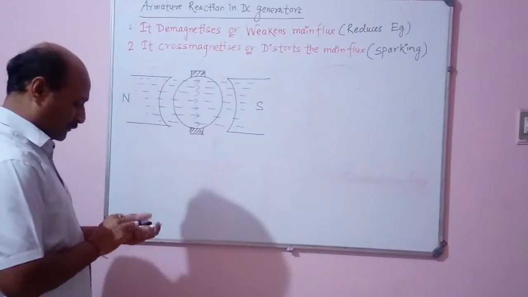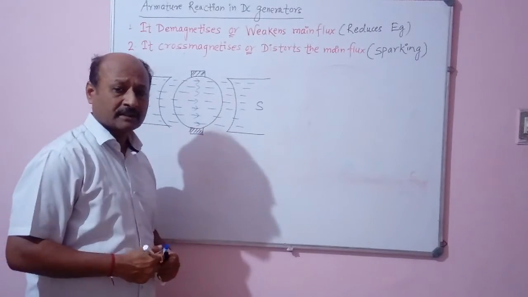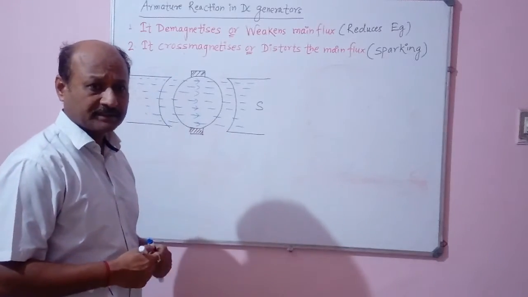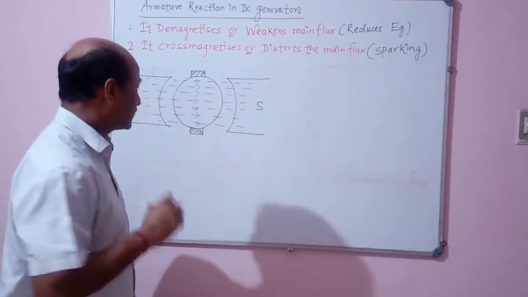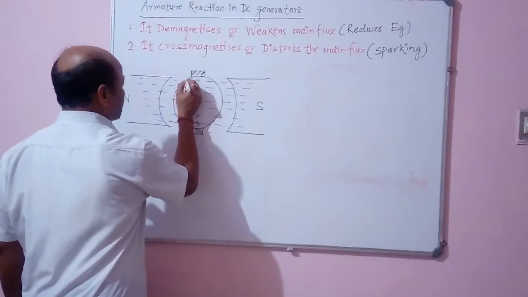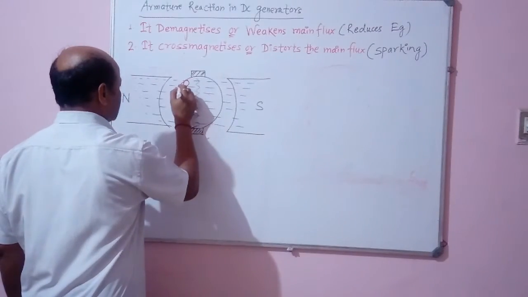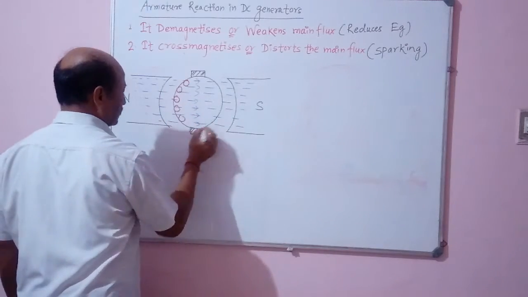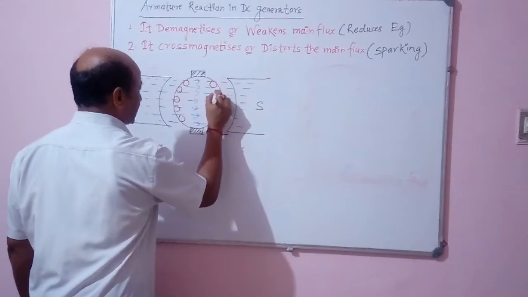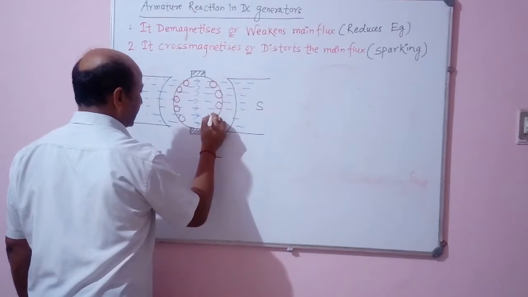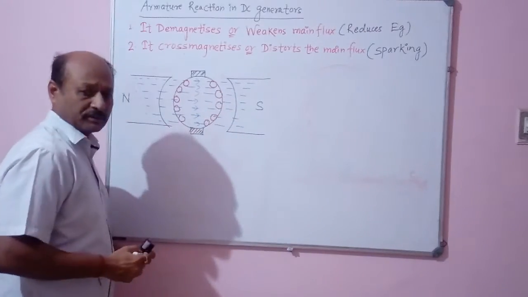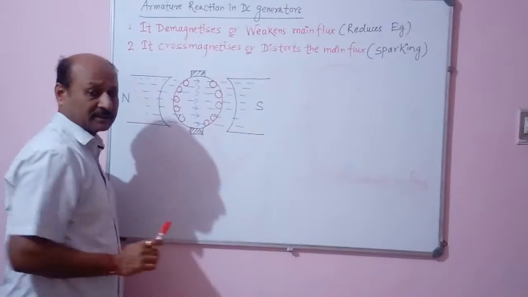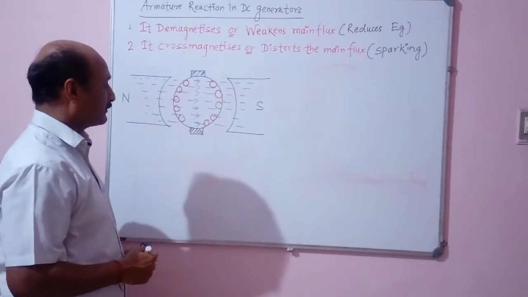Then we are assuming that the generator is not carrying any current, meaning the generator is at no load condition. So consider these are the armature conductors, and armature conductors do not carry any current. That's why we are not putting dot or cross or the direction of the current in the figure.